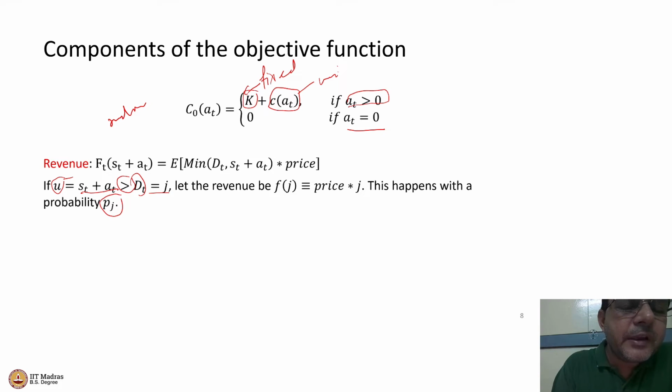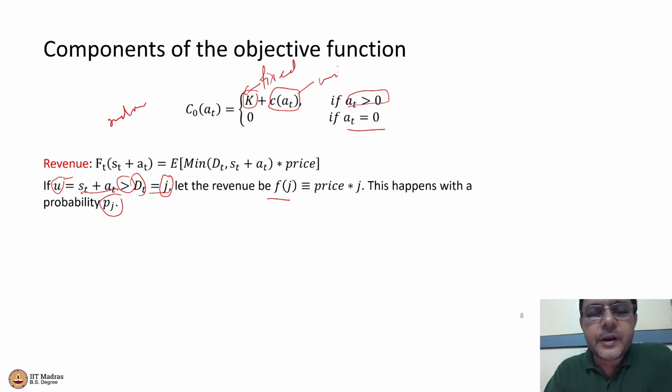If you are carrying enough inventory, you will be able to meet the entire demand J, and therefore your revenue, let us denote that by small f, will be price multiplied by J. This happens with probability PJ because demand was J. So if J is lesser than the total inventory that you are carrying, you will be able to meet the full demand and earn the maximum potential revenue, which is price into demand.